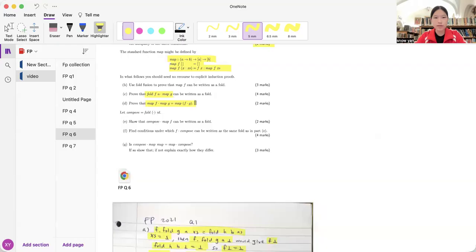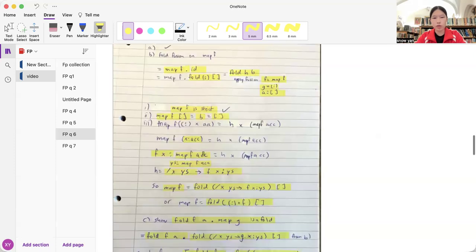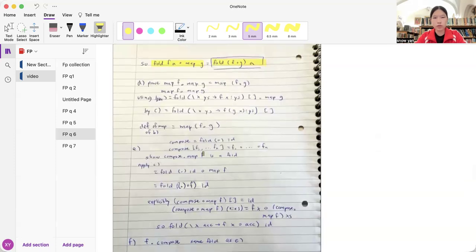Prove that map F composed of map G is equal to map F composed of G. So this is just the map law, right? To prove this, what I did in the first part was just kind of break it down. But here what I can do is just apply what I already found before, right? Using part B, I know that the map I can replace in terms of just a fold.